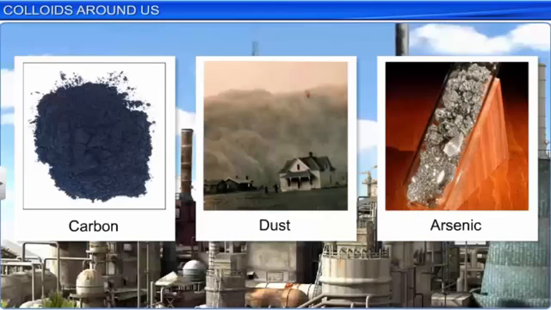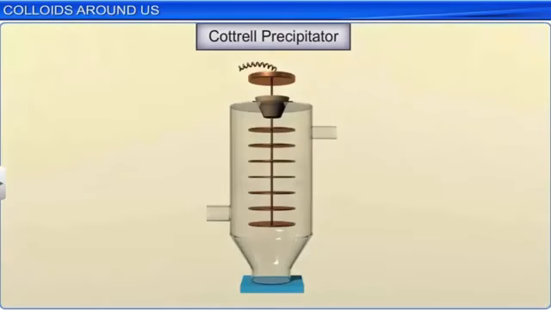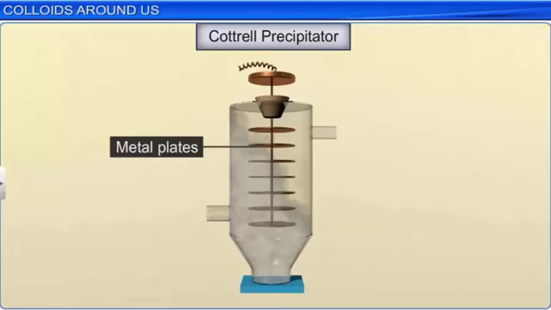The Cottrell precipitator precipitates smoke on the principle of electrophoresis. Smoke is allowed to pass through a chamber with a number of metal plates. These metal plates are attached to a metal wire connected to a source of high potential of about 30,000 volts.